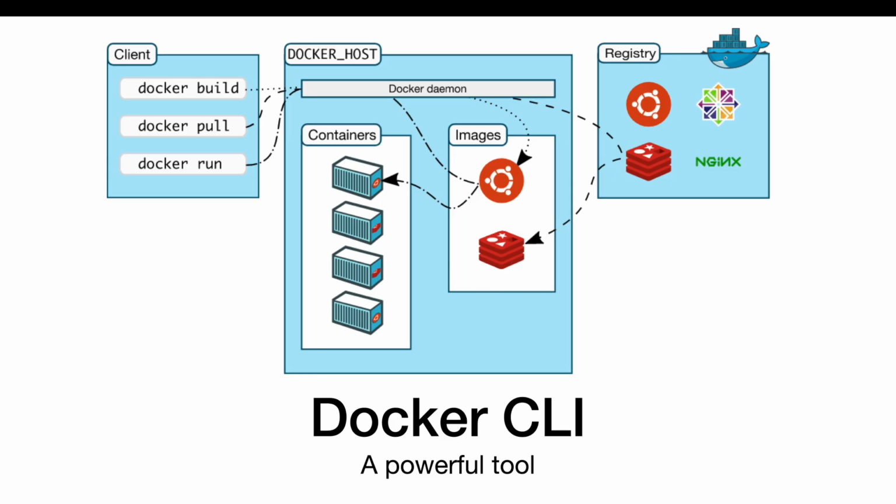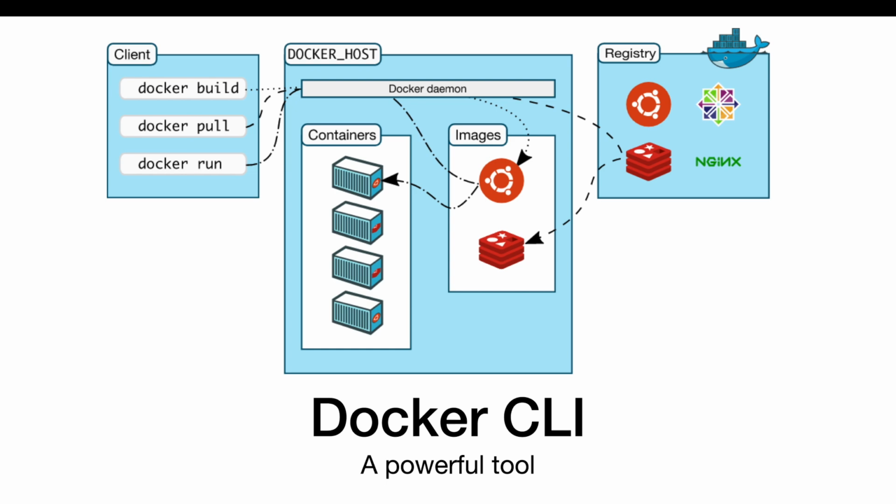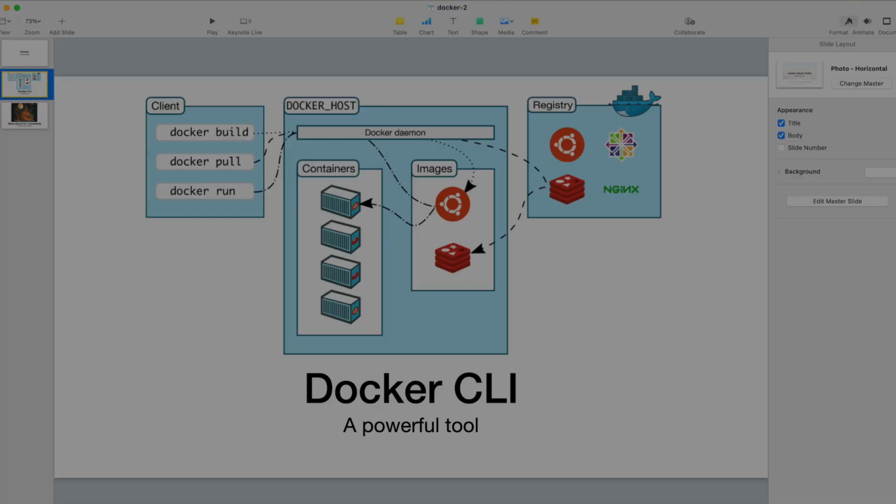Now this is a high level architecture of Docker and the Docker Daemon, and you have the Docker CLI on the left hand side. Docker CLI is a client, and there could be multiple clients. For example, similar to Docker CLI, there is a Docker Desktop client as well.